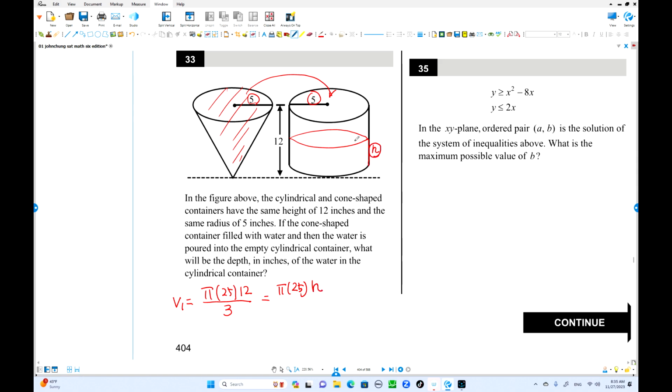That is the height of water. But it's not divided by 3, because it's a cylinder. Now solve for h. Pi is out, 25 is out. h equals 12 over 3.